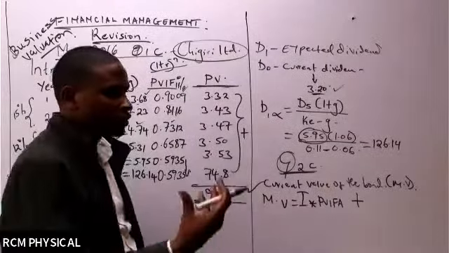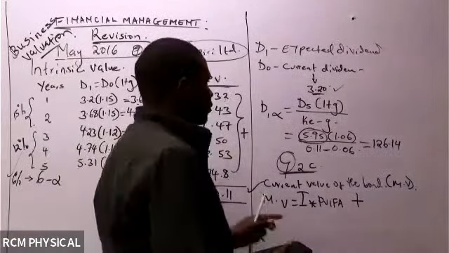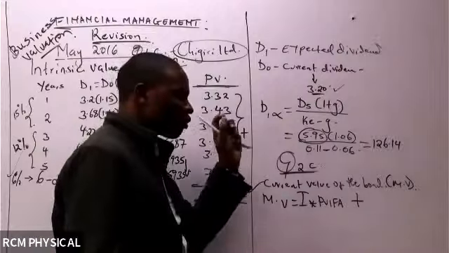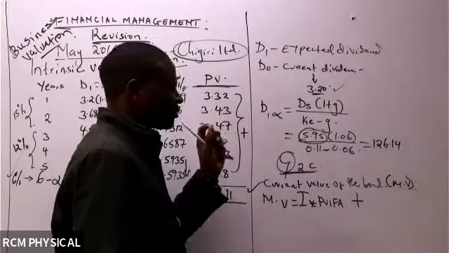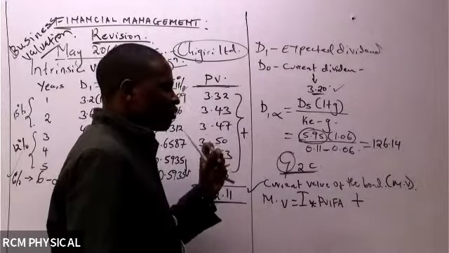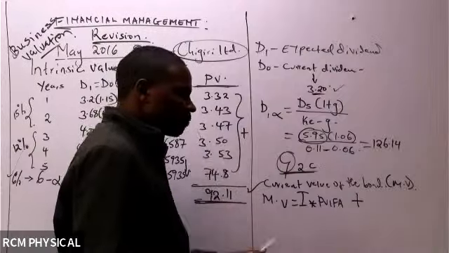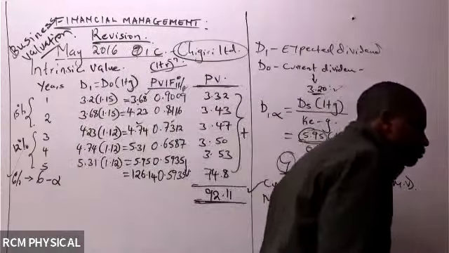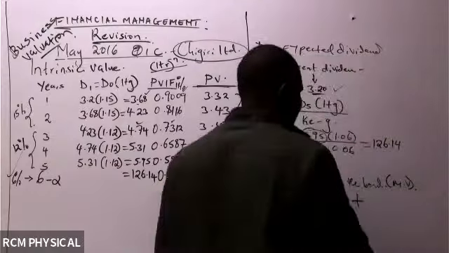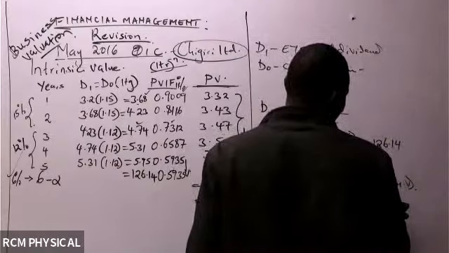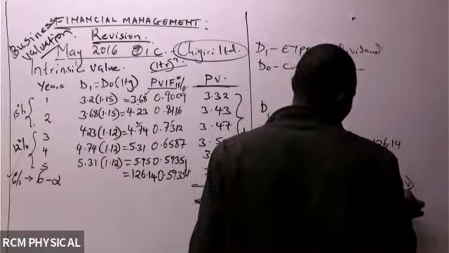These are concepts that this topic has, with very small things, and they matter. Plus the PV of the redemption value, times PV.